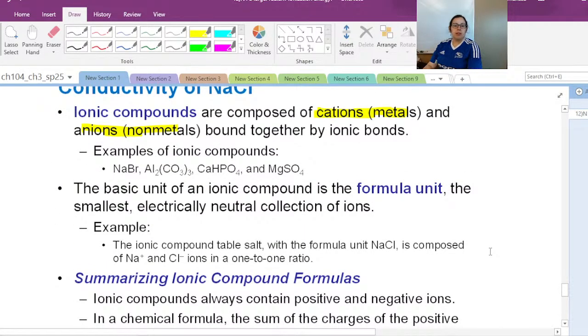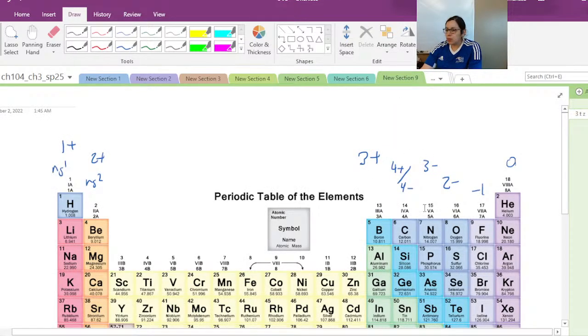All right, back to this, how do we make our formula unit? And so kind of the idea with these formula units, and again, why I had you mark this up, is we want to balance the charges. So far we've looked at pretty straightforward examples.